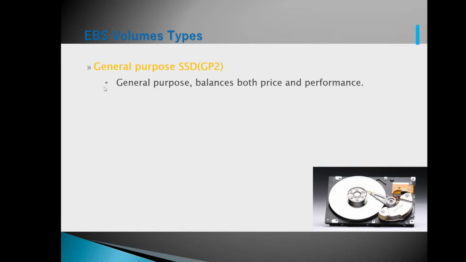General purpose is the best for regular use. It balances out your pricing as well as performance. If you are not sure how your application is going to work or what your requirement is right now, you can just go with general purpose.